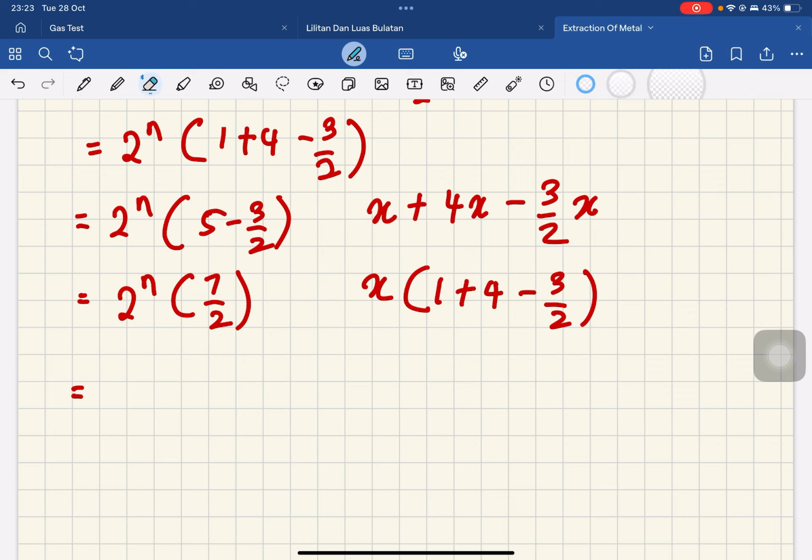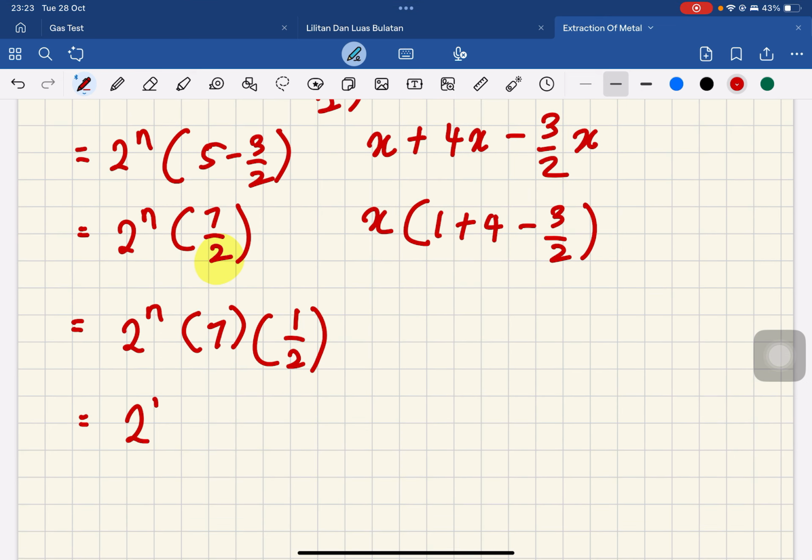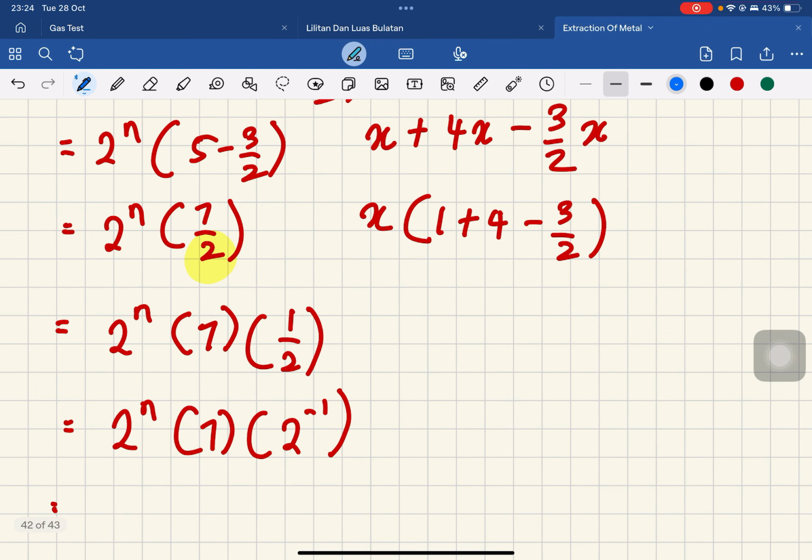Okay, so this is not done yet. You see we have 2 at the denominator. So we have 2 power of n times 7 over 2. 2 is like 1 over 2, right? And 1 over 2 is actually 2 power of negative 1. So the operation between 2 power of n times 7 and 2 power of negative 1 is multiplication.